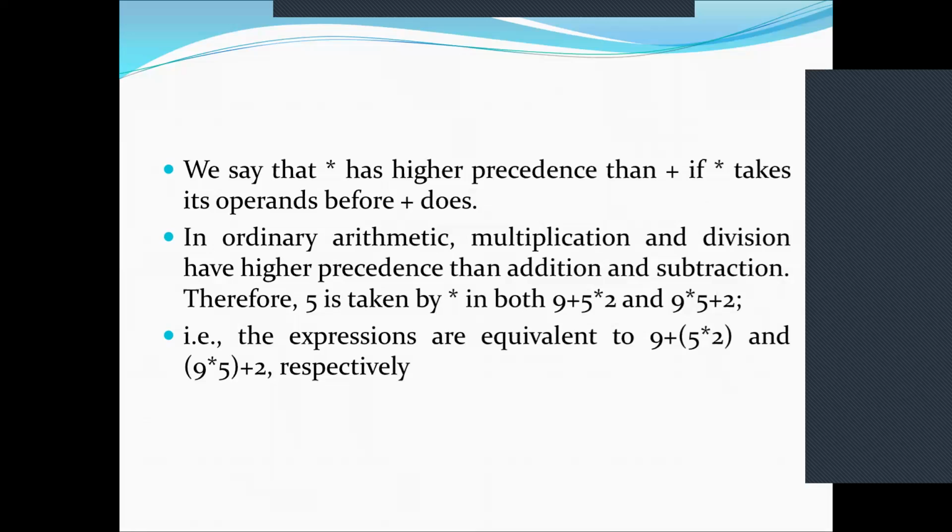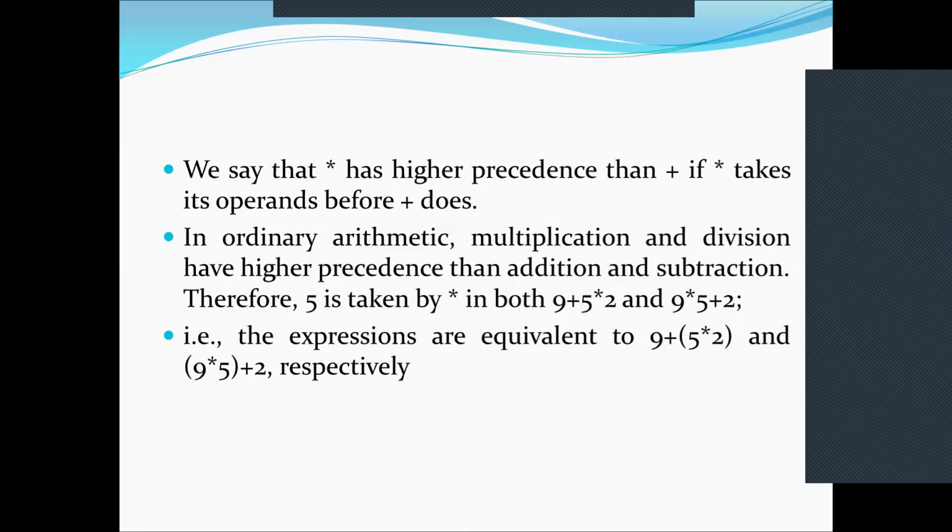We have studied that. So in this case, 5 is taken by multiplication first because we have two operators here: one is plus, and another is the star or multiplication. If multiplication is taken first, this operator is left associative. Being left associative, it takes the 5 first before plus takes the 5.